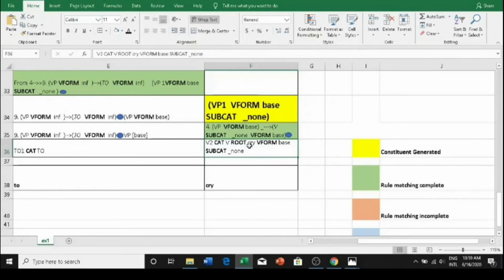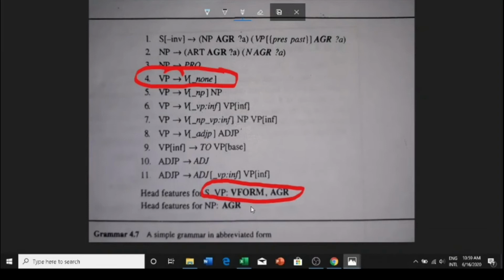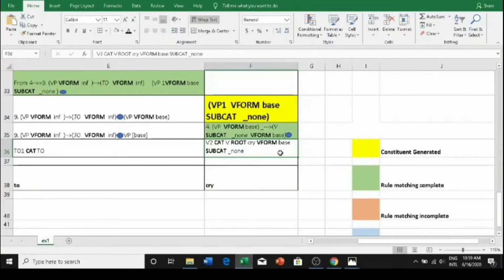of the production. So what all things we can instantiate? We can instantiate the right hand side of the production with subcat value as well as vform, right? Those things are the subcat, vform and agr. Okay, so as agr value is not available for cry, we are not instantiating it on the right as well as on the left, but subcat is available.